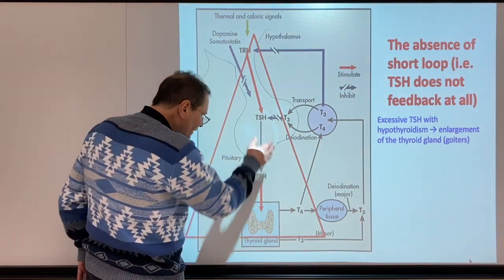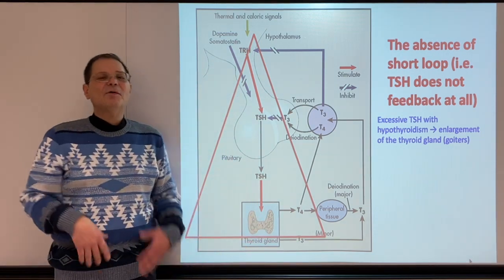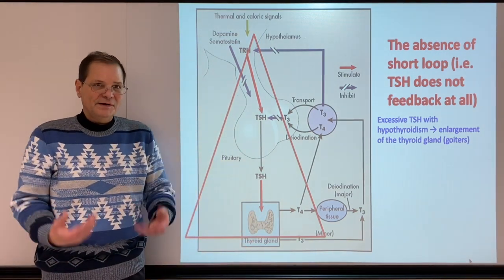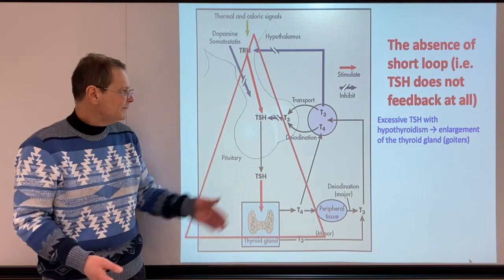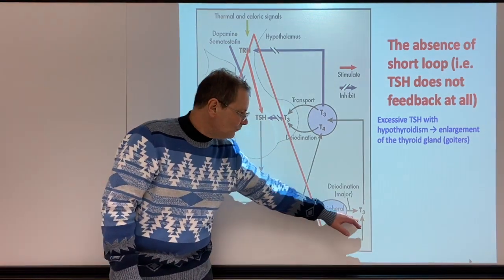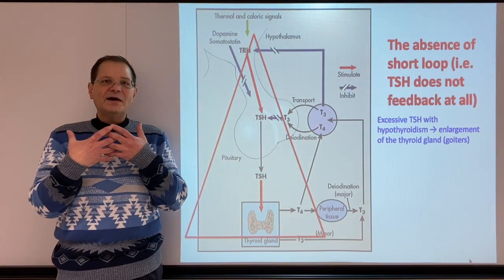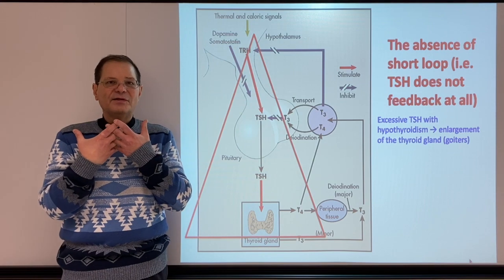And so the very high levels of TSH stimulate the thyroid gland to grow. It has a trophic effect upon the cells because the TSH is trying like mad to get the thyroid gland to secrete more T4 and T3. And this is why you get an enlargement of the thyroid gland and you get goiters with hypothyroidism.